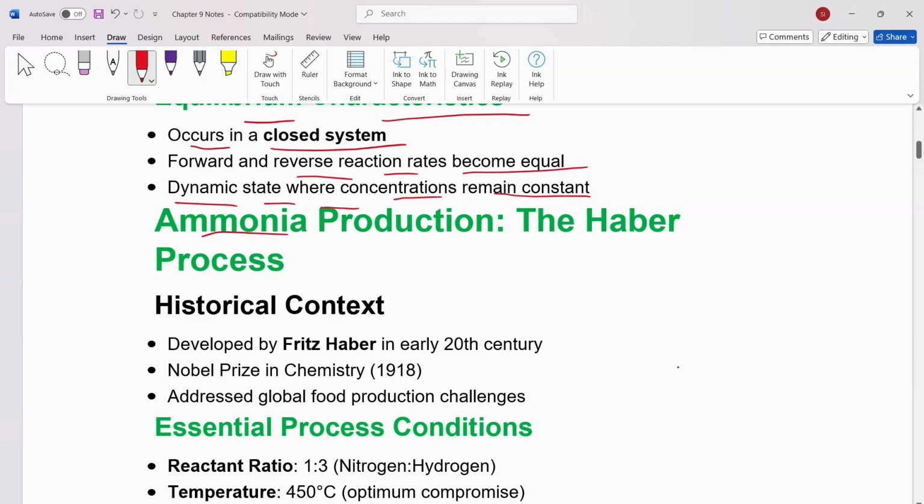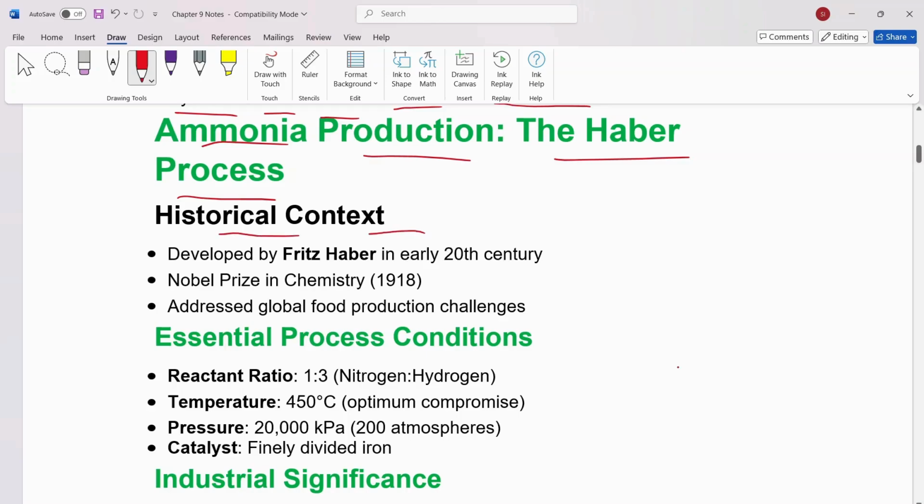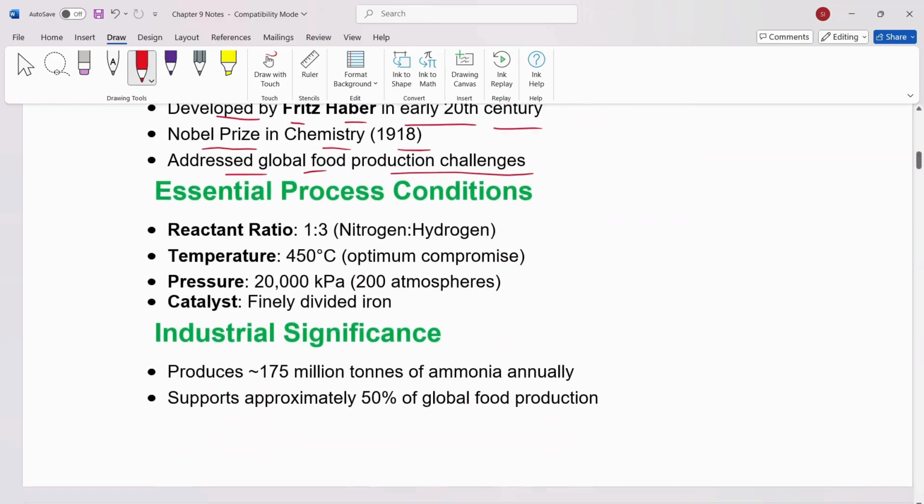Let's talk about ammonia production, the Haber process. Historical context: developed by Fritz Haber in the early 20th century, Nobel Prize in Chemistry in 1918, addressed global food production challenges.